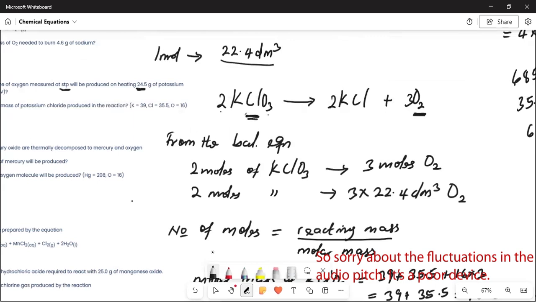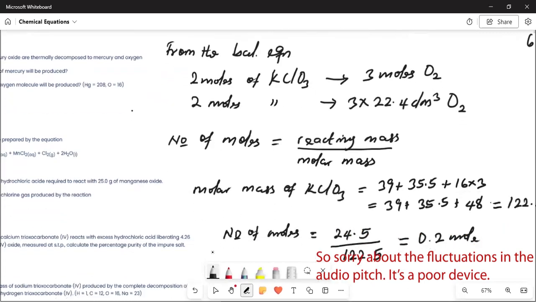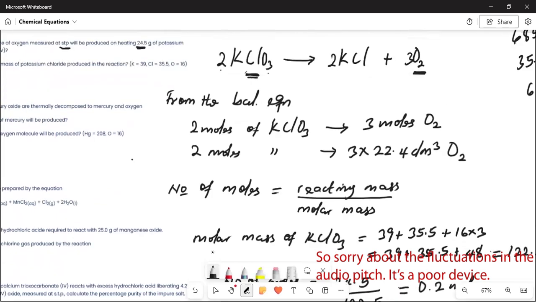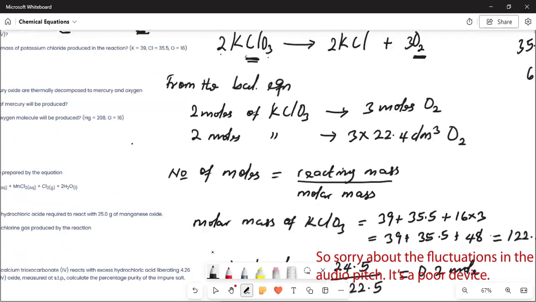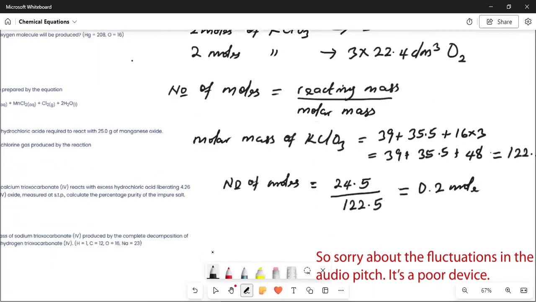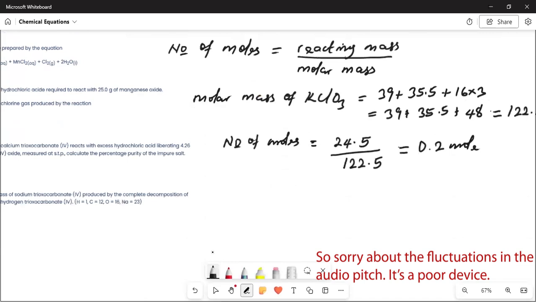So if from the balanced equation, 2 moles is giving us 3 times 22.4 dm³ of oxygen, what would this 0.2 mole give us? Since it is 0.2 mole that we are using for the reaction. So let me rewrite that: 2 moles from the balanced equation give us 3 times 22.4 dm³. That means 0.2 mole will give us x.